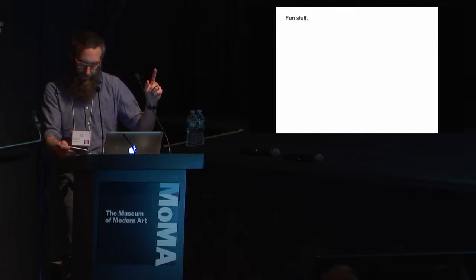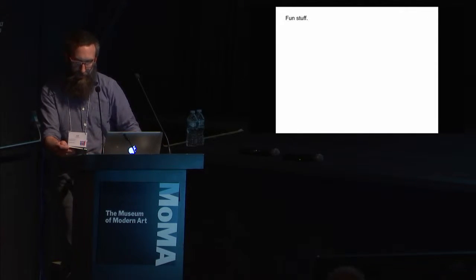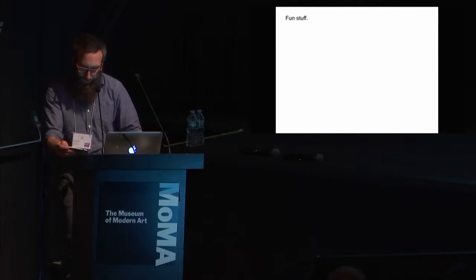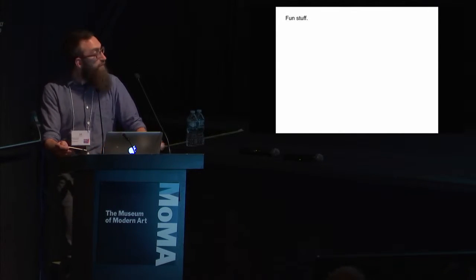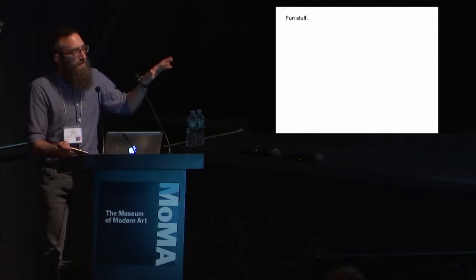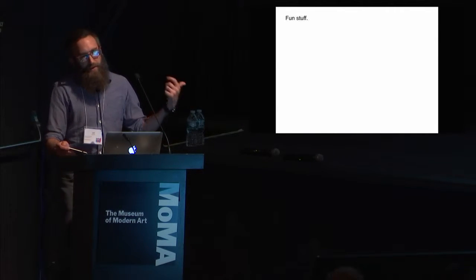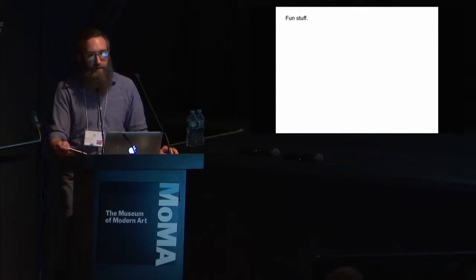Moving on, we've got a few fun things to just dive into really quickly. Right, so the first things you've seen were just really playing around with the image API and seeing what we can do to slice up images.